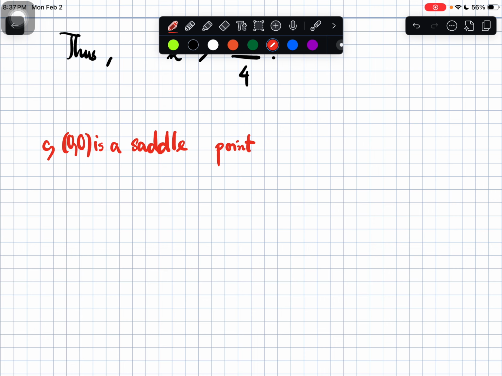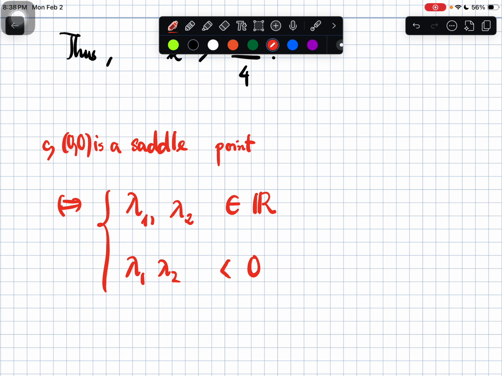This is equivalent to the condition that eigenvalues lambda 1 and lambda 2 are first real, and second one is one negative, one positive. So the signs are opposite. Lambda 1 times lambda 2 is negative.